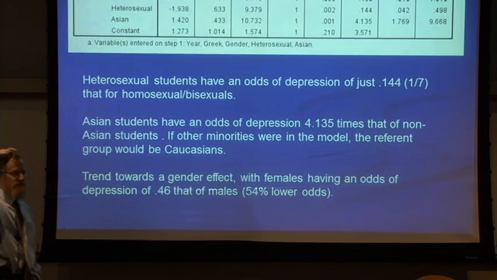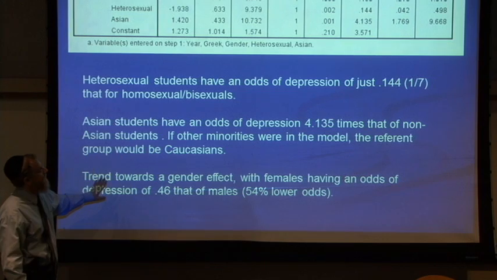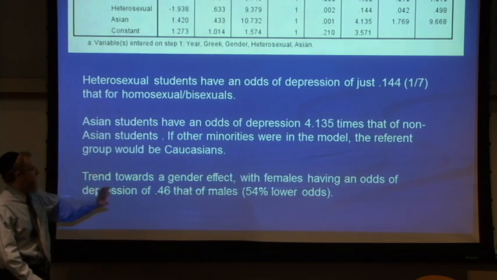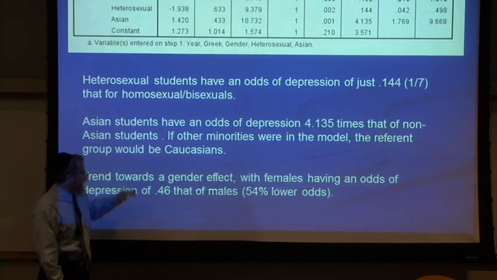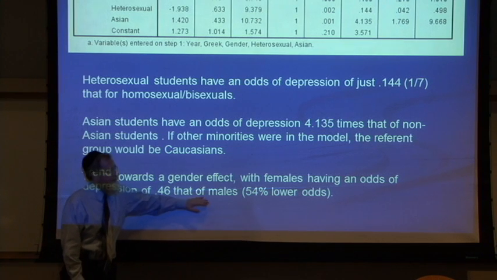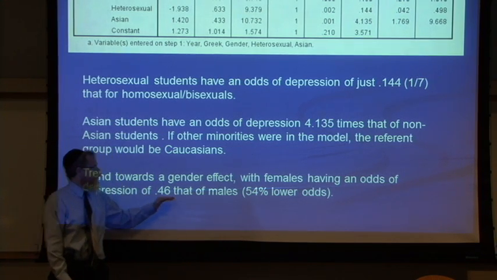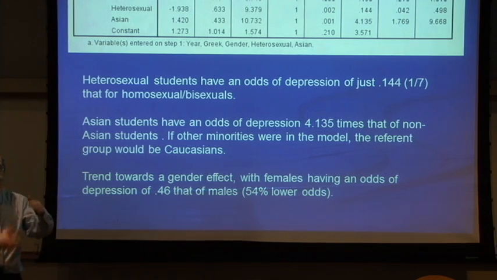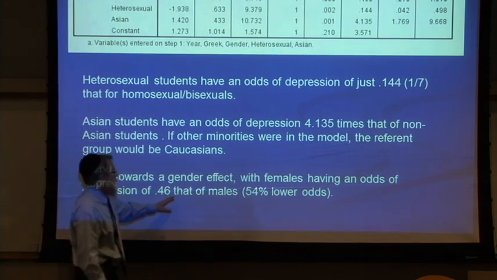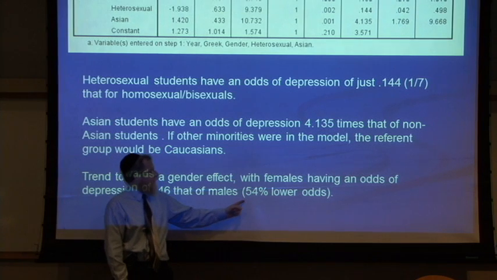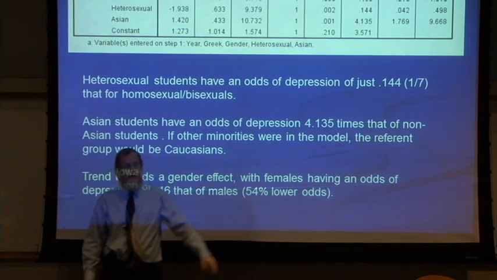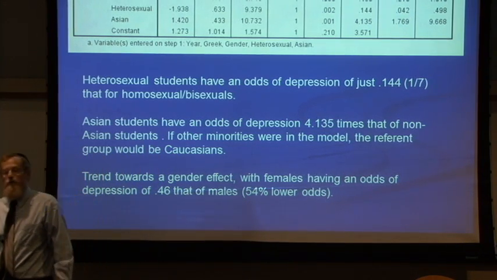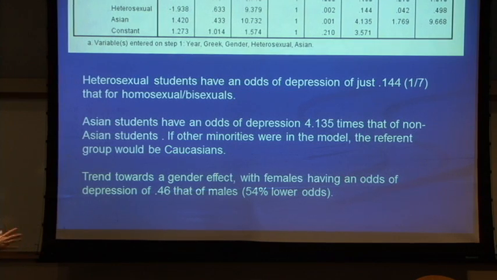So in terms of the odds of depression, we said the females have an odds of 0.46 that of males. That means only 46% that of males, or you can subtract it from 1 and say it's 54% lower odds. So the odds of depression for the women were 54% lower than for the men.